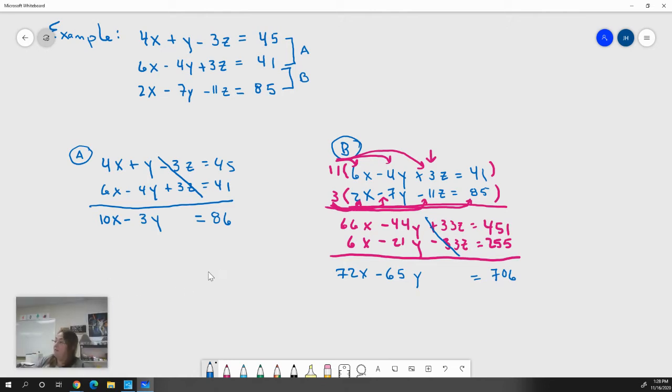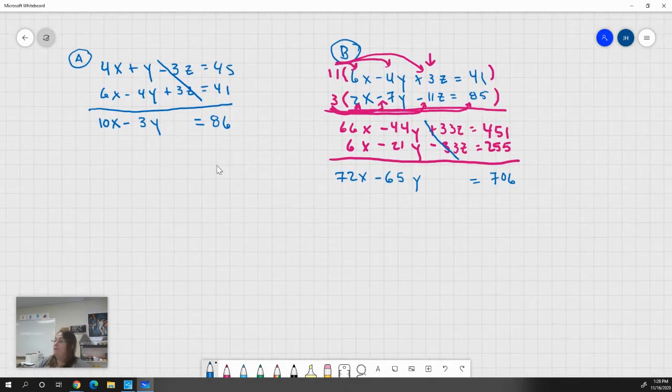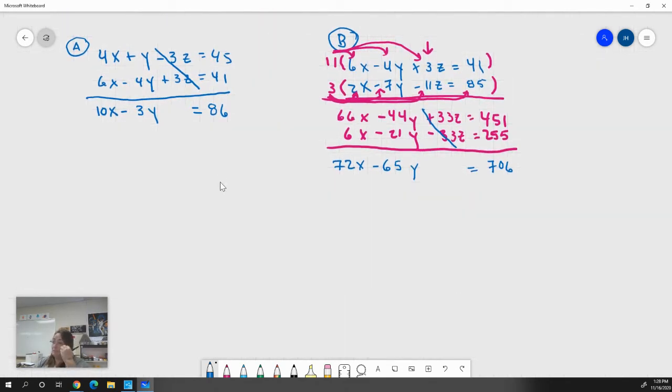So we've done the first two steps, right? We've created these two variable systems of equations. And what we're going to do is put them together and just solve them as we did the regular two variable systems of equations. We're going to go 10x minus 3y equals 86.